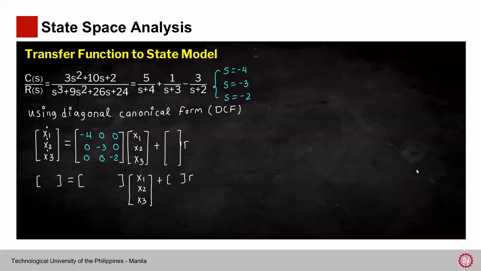Okay, guys. This is C, right? This is the output. For diagonal canonical form, ito yung mga residue. Residue yung tawag dyan, di ba? Ito yung mga residue or mga numerators ng iyong simple pole.